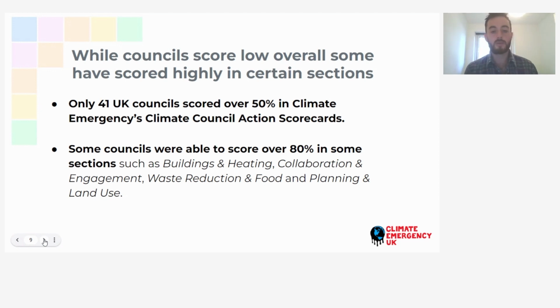But some councils were able to score over 80% in certain sections, and that includes buildings and heating, collaboration and engagement, waste reduction, food, and planning and land use. And I think there's one council who's actually managed to get a 100% score in one of their sections. So while councils score low overall, they have scored highly within certain sections.